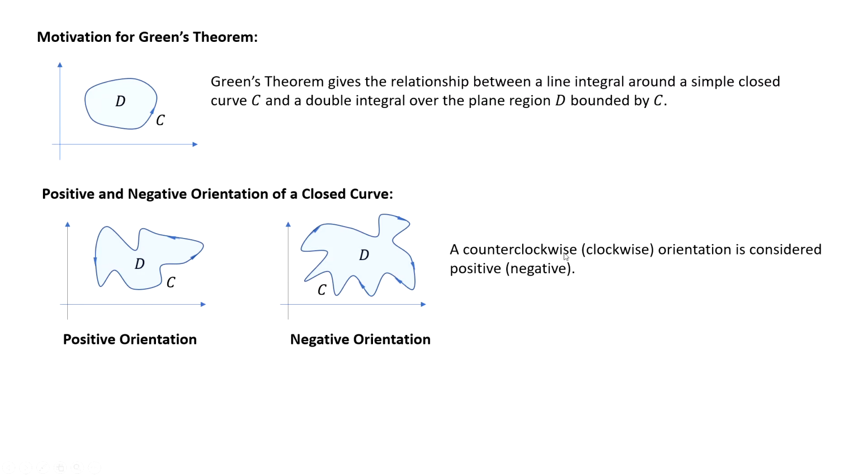A clockwise, the stuff in the parentheses, a clockwise orientation is considered negative. So that's how you're supposed to read. Don't be confused by, what the heck, man, counterclockwise and clockwise? Counterclockwise is different from clockwise, right? And positive is different from negative, right? Yeah, you're right. However, you're supposed to read this like that, okay?